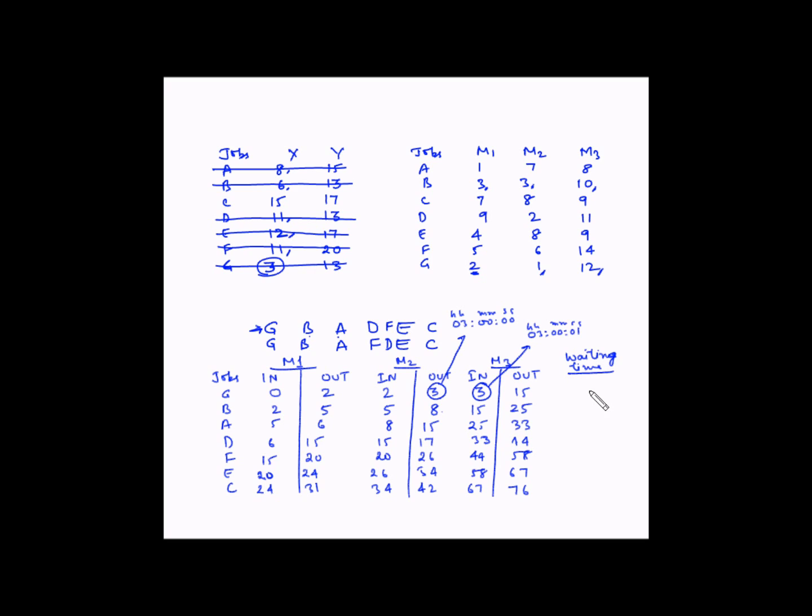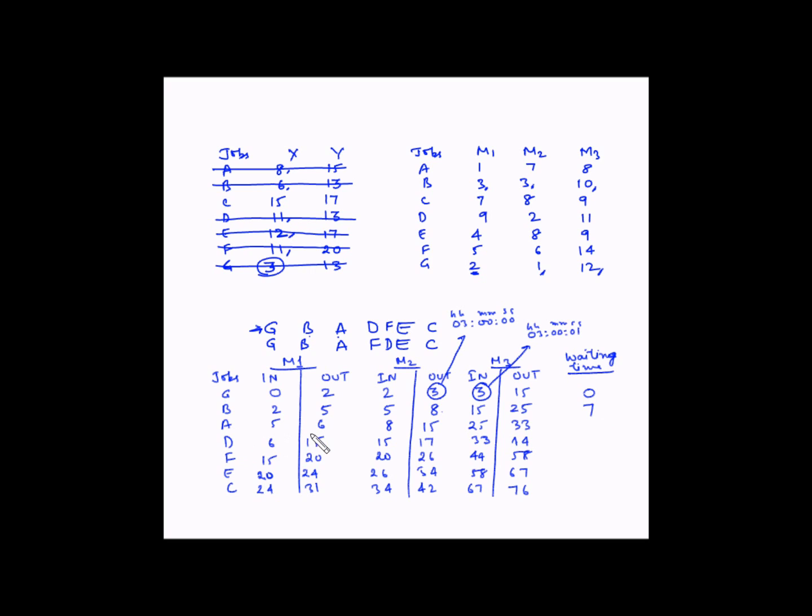So there is no waiting time, so waiting time for G is 0. For the second, that is job B, it comes out of machine M1 at the 5th hour, goes into M2 at the 5th hour, comes out at the 8th hour, goes into M3 at the 15th hour. So there is a waiting time between M2 and M3, which is 15 minus 8, which is 7.